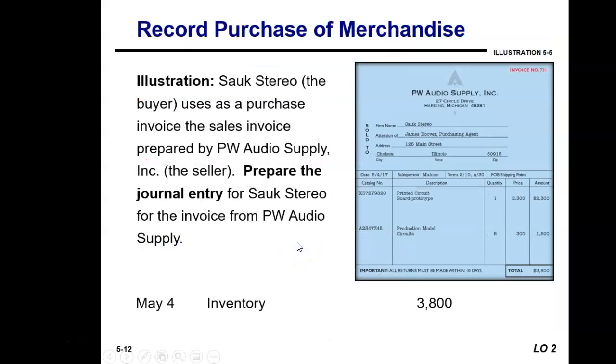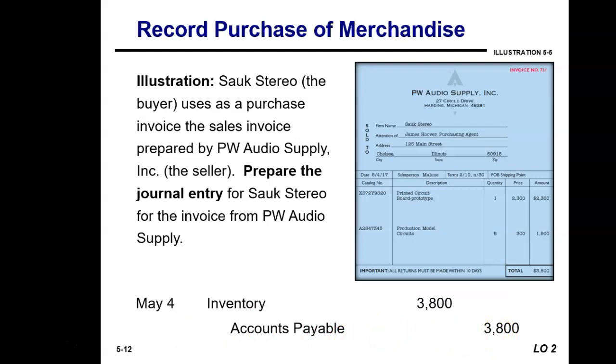So we're going to record this transaction using the perpetual inventory system. To record this transaction, assuming that we are Sauk Stereo, we're the buyer, this is the journal entry made by the buyer.